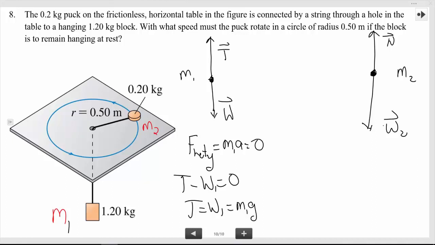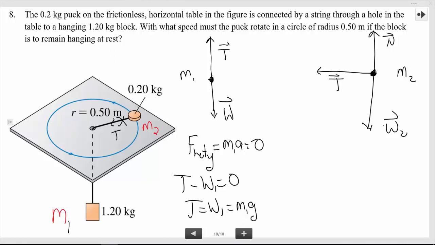And then we have the tension in the string here. This tension force is what's producing the centripetal force to keep the object in the circle. If the string were to snap, this object would just shoot off the table, right? So to keep it in a circle, there must be this force, which is the tension force, that keeps the object in a circle.